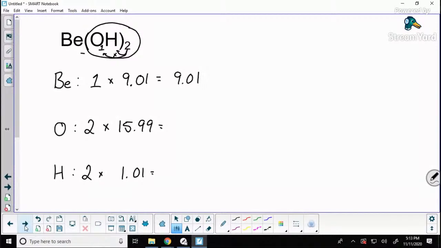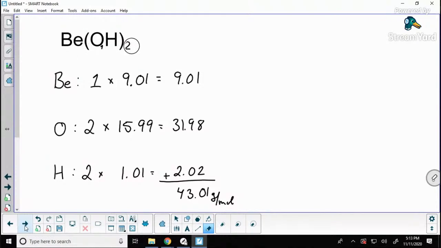So 9.01. 2 times 15.99 is going to give you 31.98. And then for hydrogen, 2.02. Then we add those products up. So 9.01 plus 31.98 plus 2.02. And we get a molar mass of 43.01 grams per mole.